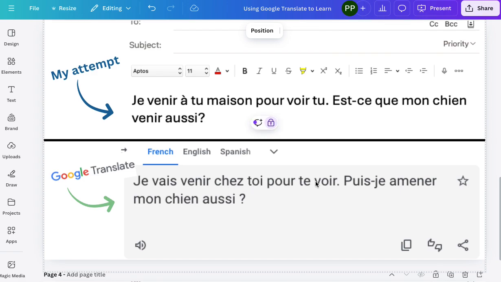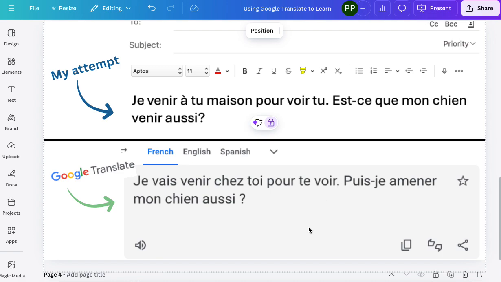And pour te voir, I said pour voir tu. So I was kind of following an English sentence structure there, which is not correct. And I don't necessarily completely understand this sentence structure yet, but I see, this is how you would say it.